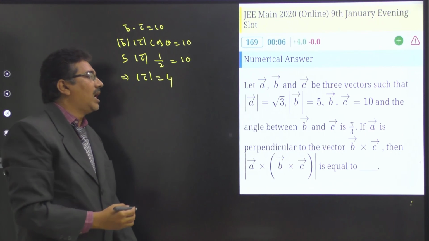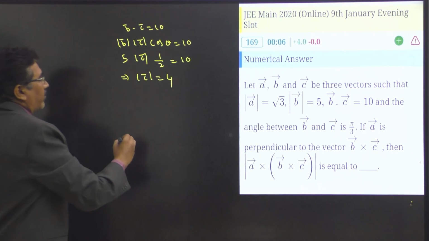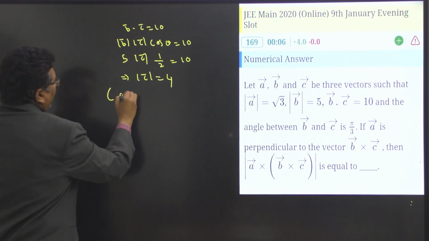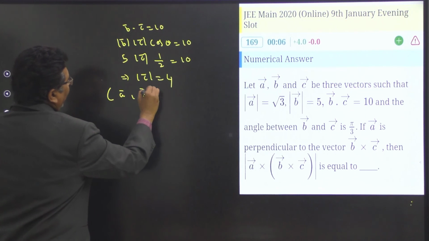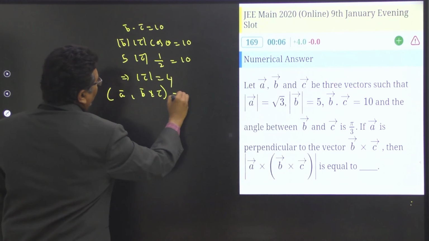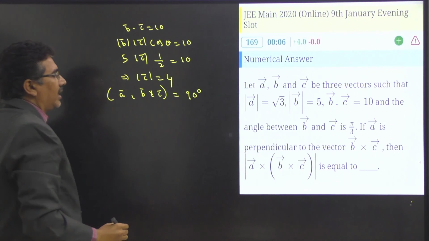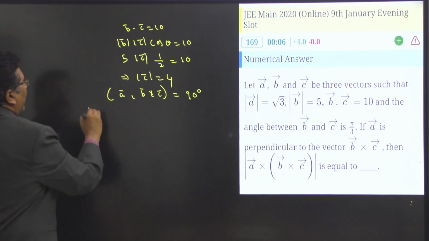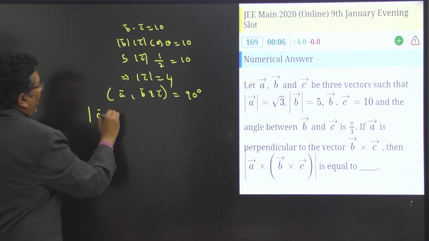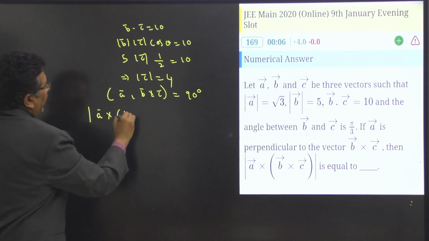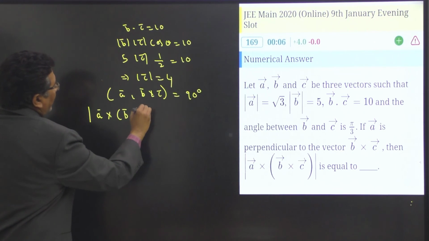Right, now also given A bar is perpendicular to the vector B bar cross C bar, angle between A bar and B bar cross C bar is equal to 90 degrees. Now we want to find modulus of A bar cross B bar cross C bar.